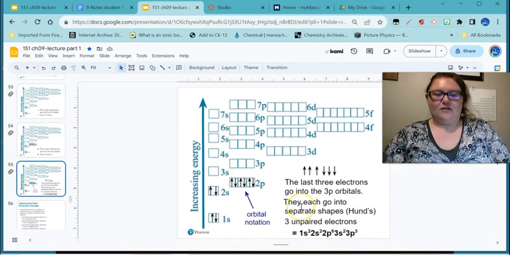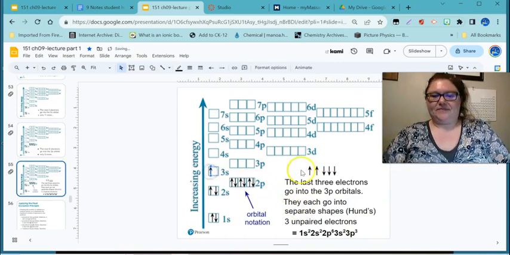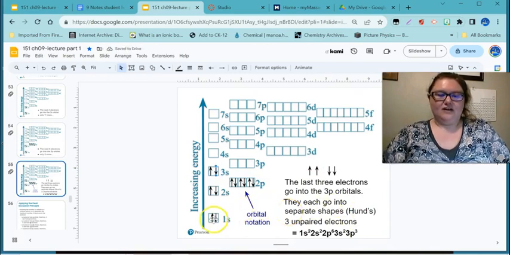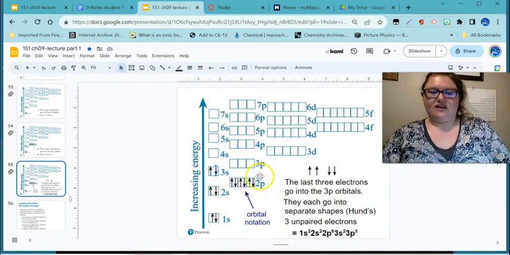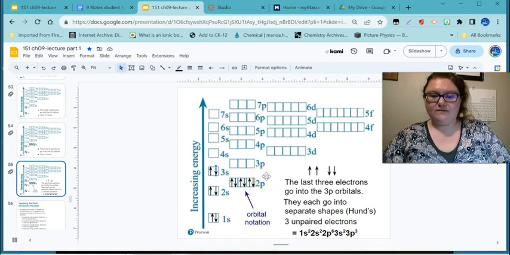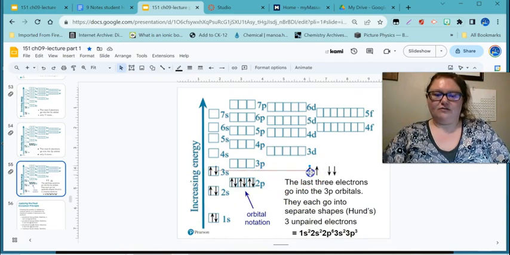So now after 2p, we've got to do 3s, 1 of each. Right now I'm going to check where I am. Even though it says over here 1s2, 2s2, 2p6, that's 10 electrons, and 3s2, that's 12. So next we're going to go to 3p, but again, Hund's rule.